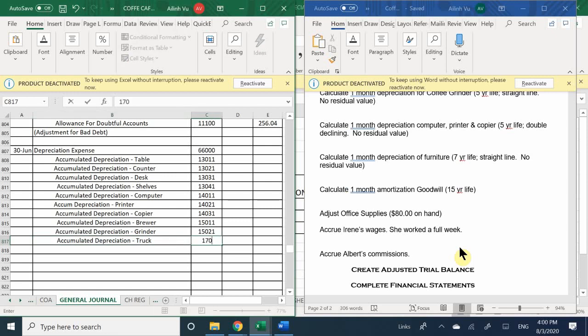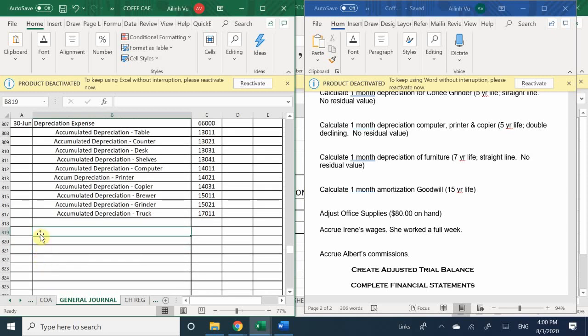I'm still on the grinder. Oh, I'm sorry. That's okay, hang on. Vehicle, truck. The truck would be 17011. And then we've got goodwill.